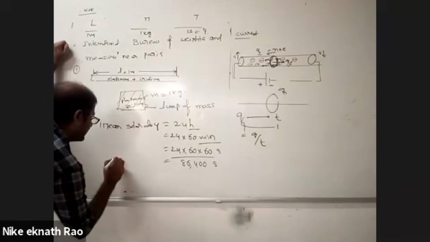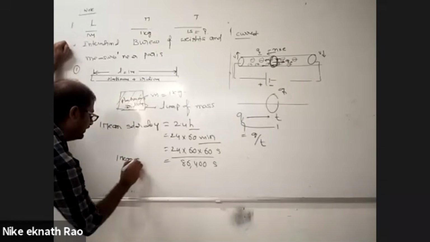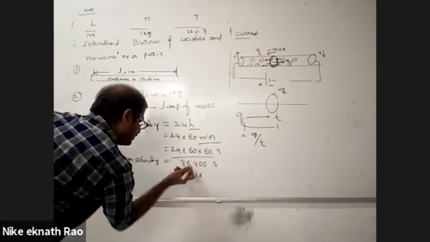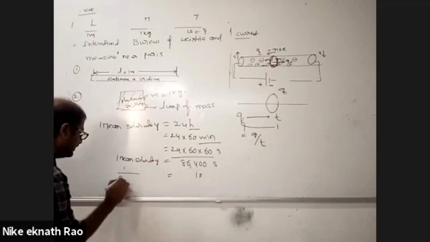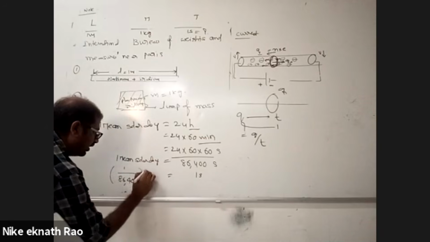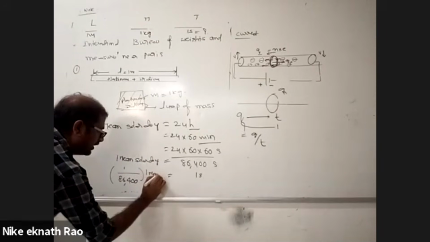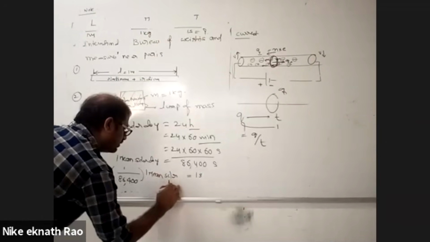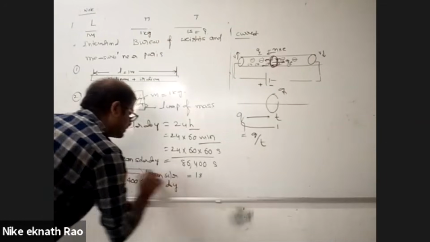So this is taken as one mean solar day. And if I want 1 second, 1 by 86,400 parts of one mean solar day is taken as 1 second.